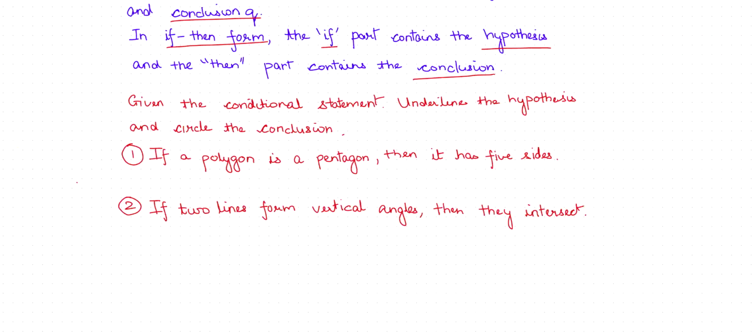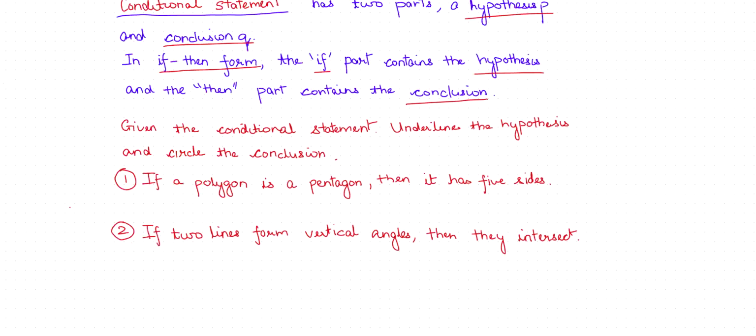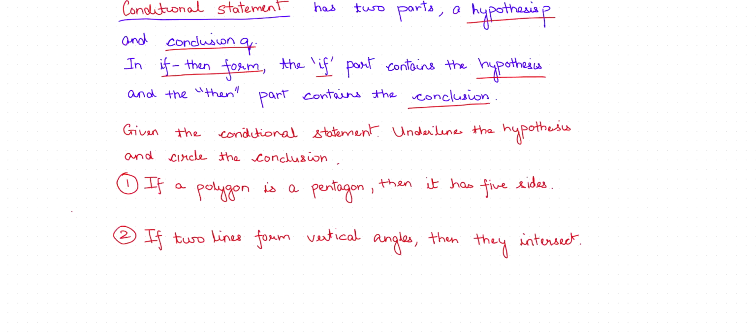So, if a polygon is a pentagon, then it has 5 sides. Given the conditional statement, we have to underline the hypothesis and circle the conclusion. And we know in if-then form, the if part contains the hypothesis and the then part contains the conclusion. Okay, so we'll do it with green color maybe.